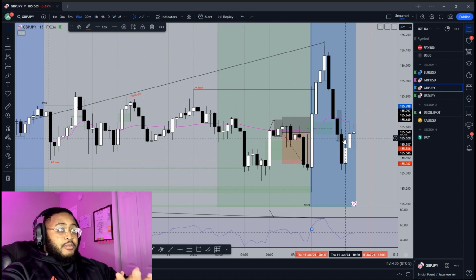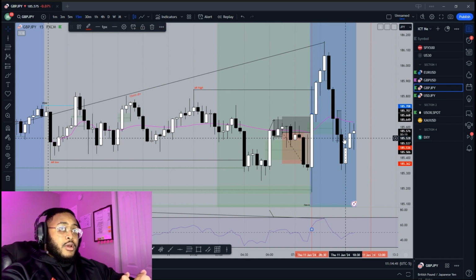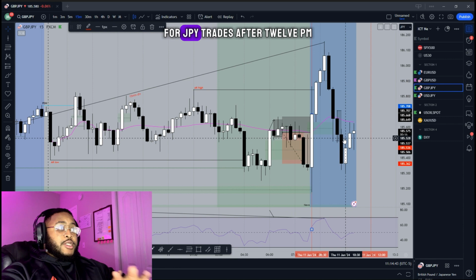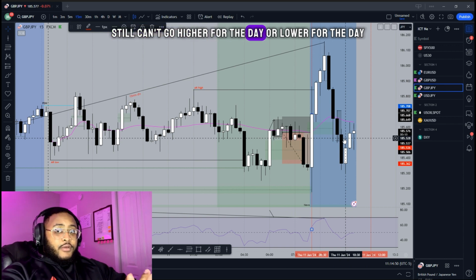Fundamentally, price action doesn't really move all that well for JPY trades after 12 p.m.